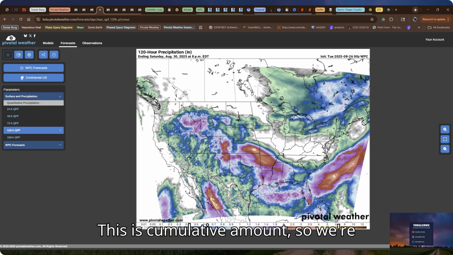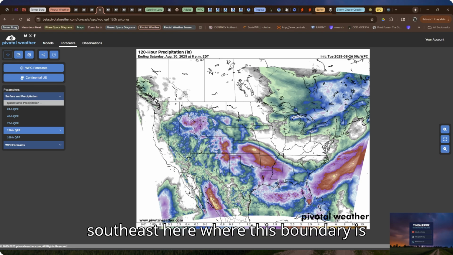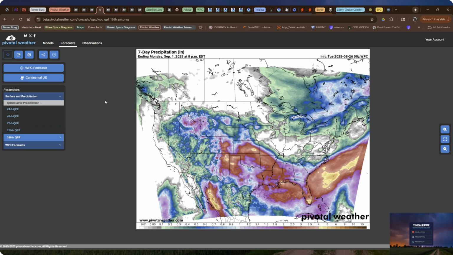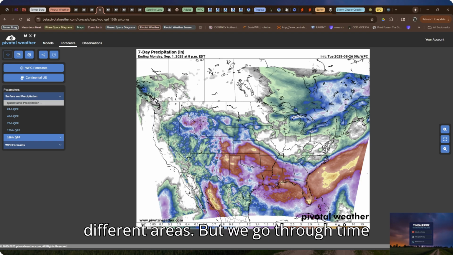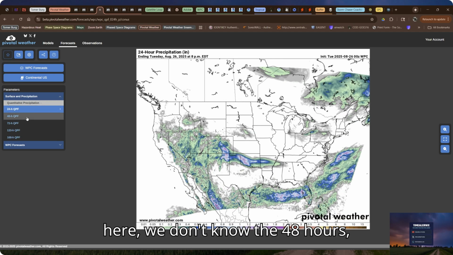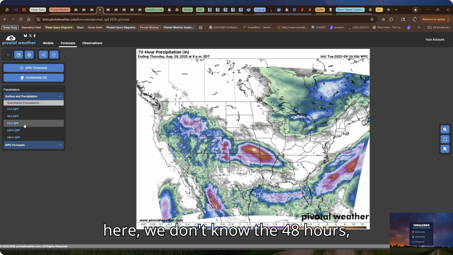This is cumulative amount, so we're talking. You see how it's shifting to the southeast here, where this boundary is, and then becoming even more towards the southeast here and filling in different areas. But if we go through time here, we don't have the 48 hours, 72-hour.